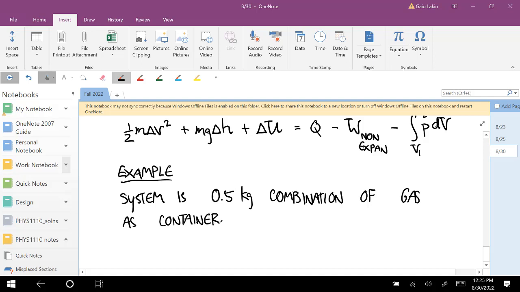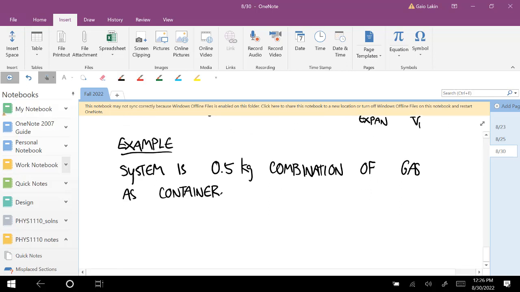So usually our system doesn't include the container. This time it does. Let's say 100 joules of work and 50 joules of heat are added to the system.